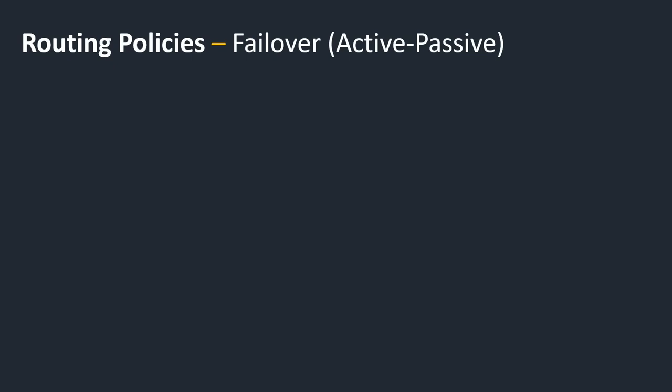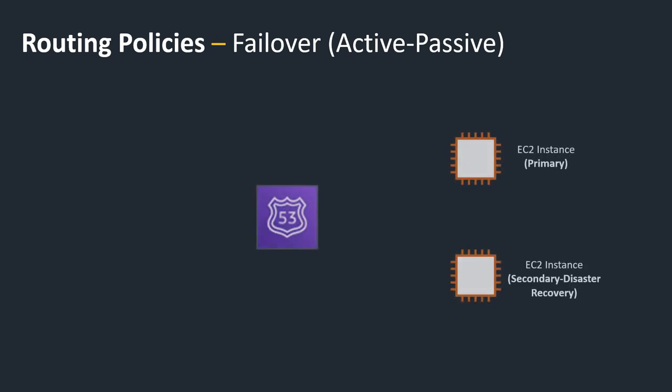Okay, so now let's talk about failover routing policies. The idea is that we have Route 53 in the middle and we have EC2 instances. One is going to be our primary EC2 instance, and the second one is going to be a secondary or disaster recovery EC2 instance.